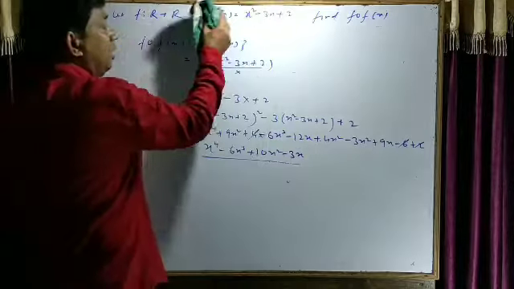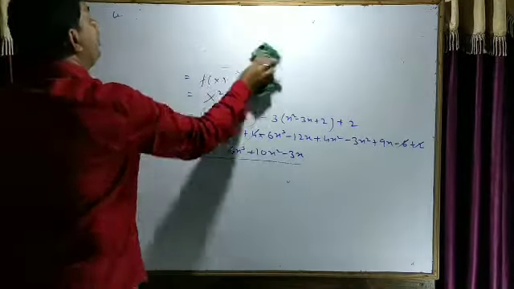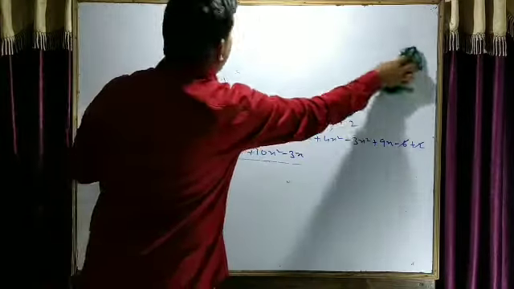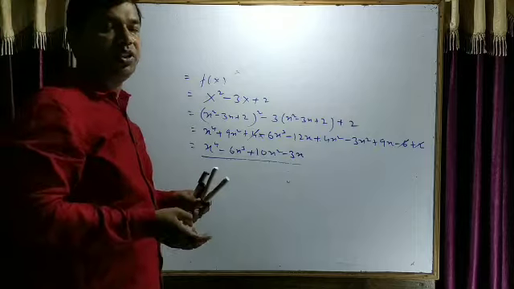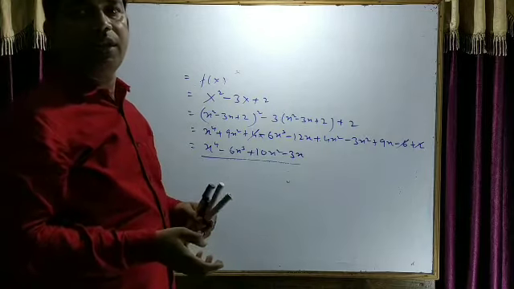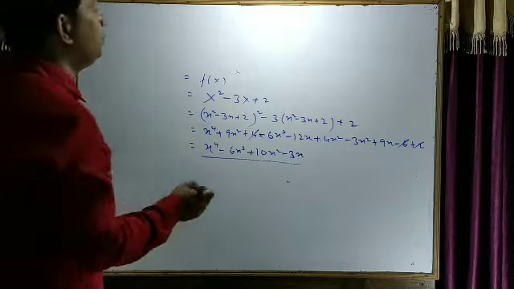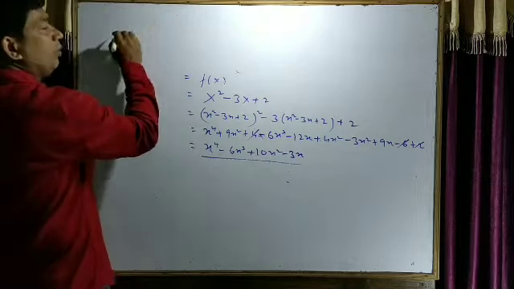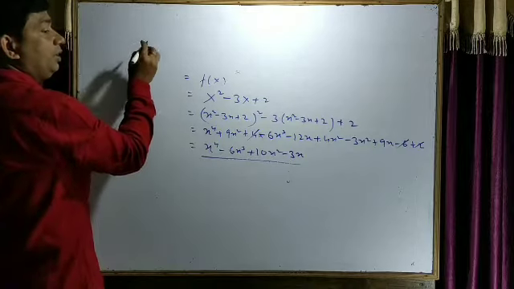Now one important question, it is for 1 mark, a very short type question, because in 1 mark there are 3 categories: MCQ, fill in the blanks, and very short answer question. In 1 word or 1 or 2 sentences you have to give that answer.